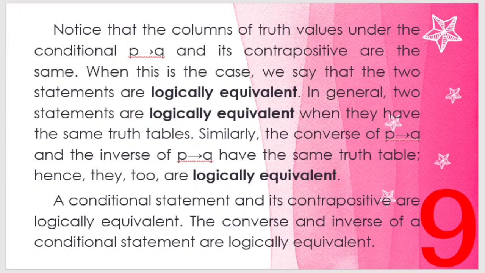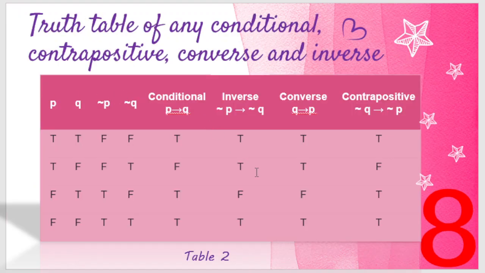Similarly, the converse and the inverse have the same truth table. Hence, the two are logically equivalent. So, a conditional statement and its contrapositive are logically equivalent. The converse and the inverse of the conditional statement are logically equivalent.